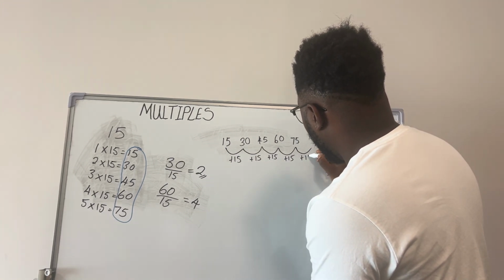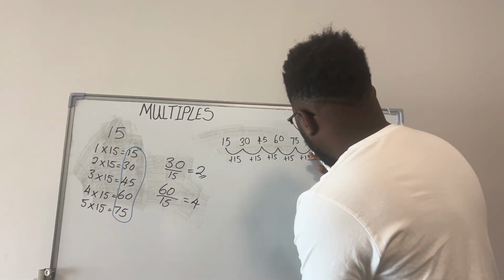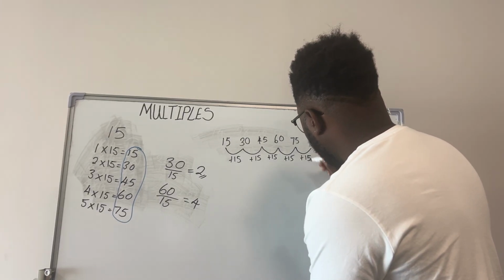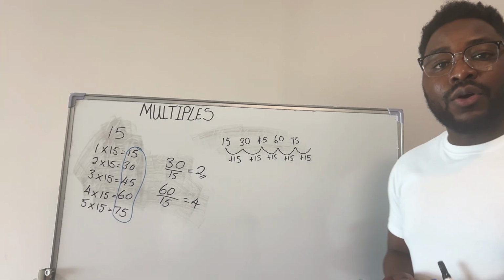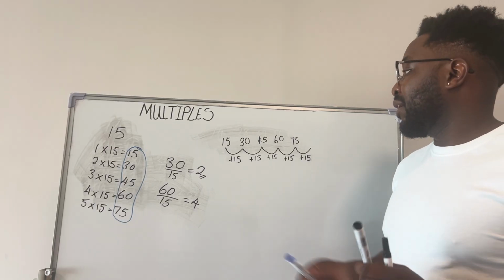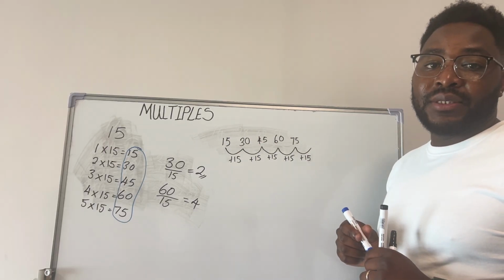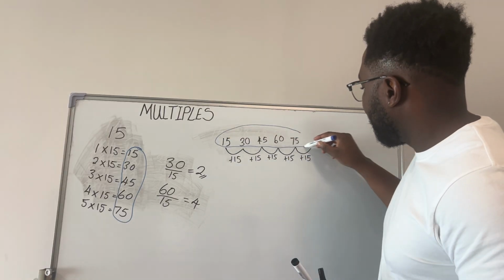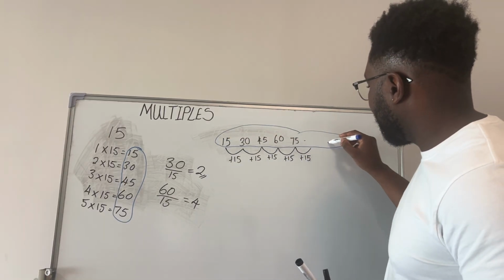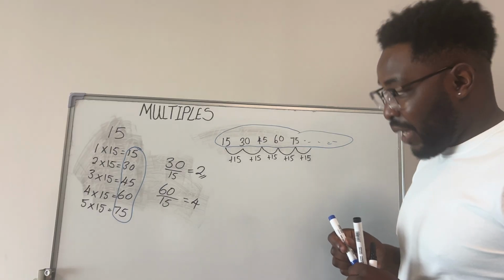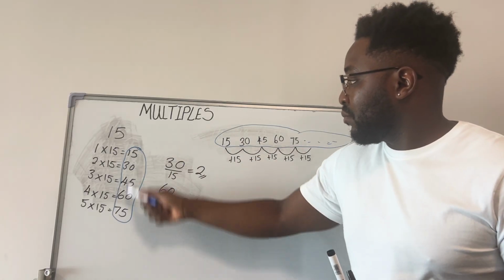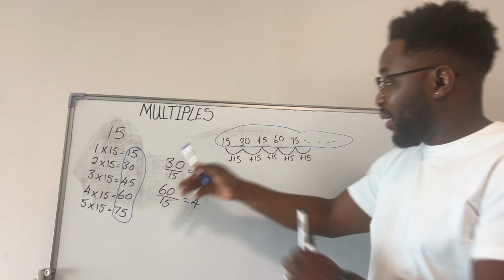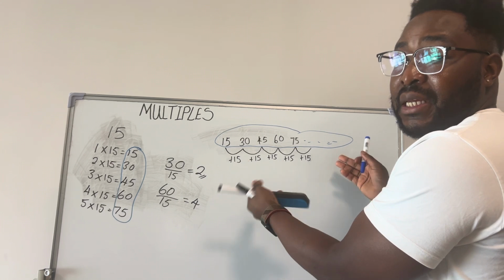We just keep on adding the same number and continue getting its multiples. So these over here, as they keep on going, are the multiples of 15, which is the same thing that we did here, but here we're just using a different technique.